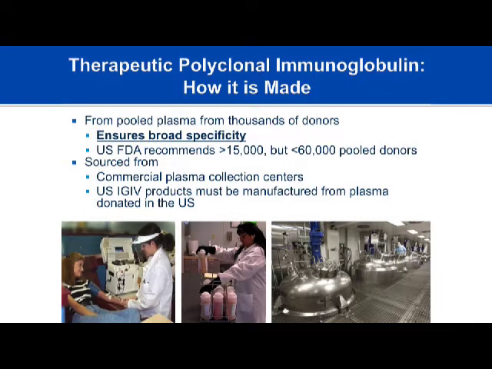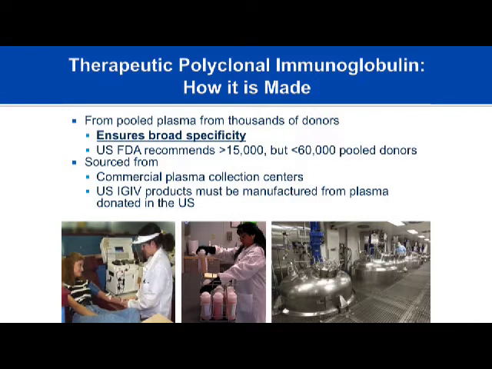In order to be able to supply an individual with potentially all of the different antibodies they will need, the preparations need to be generated from the source material, the plasma, of thousands and thousands of healthy individuals. And in fact, the United States Food and Drug Administration recommends that greater than 15,000 individuals be used to prepare a single batch of therapeutic immunoglobulin.